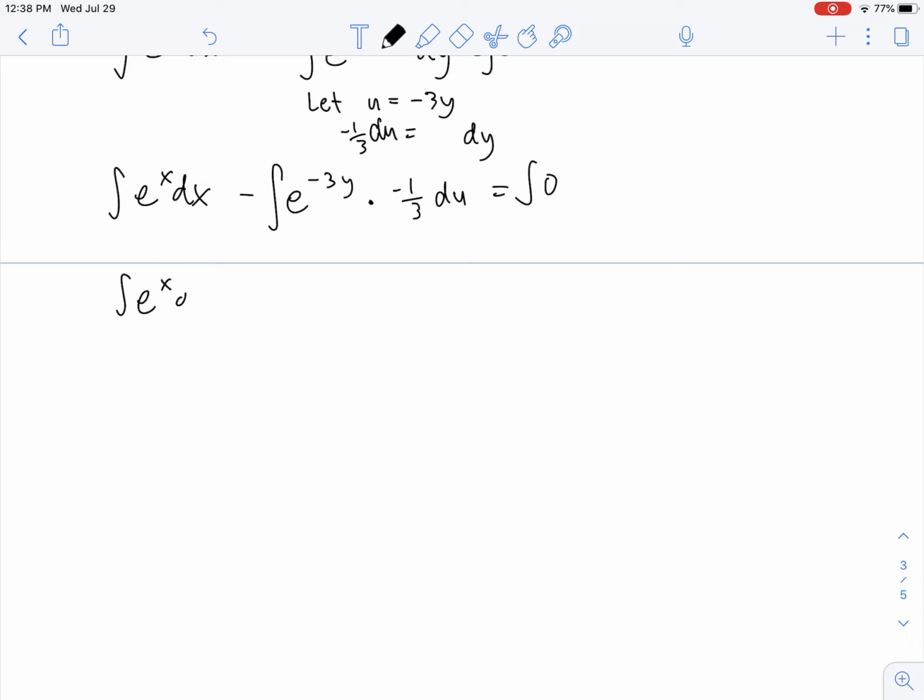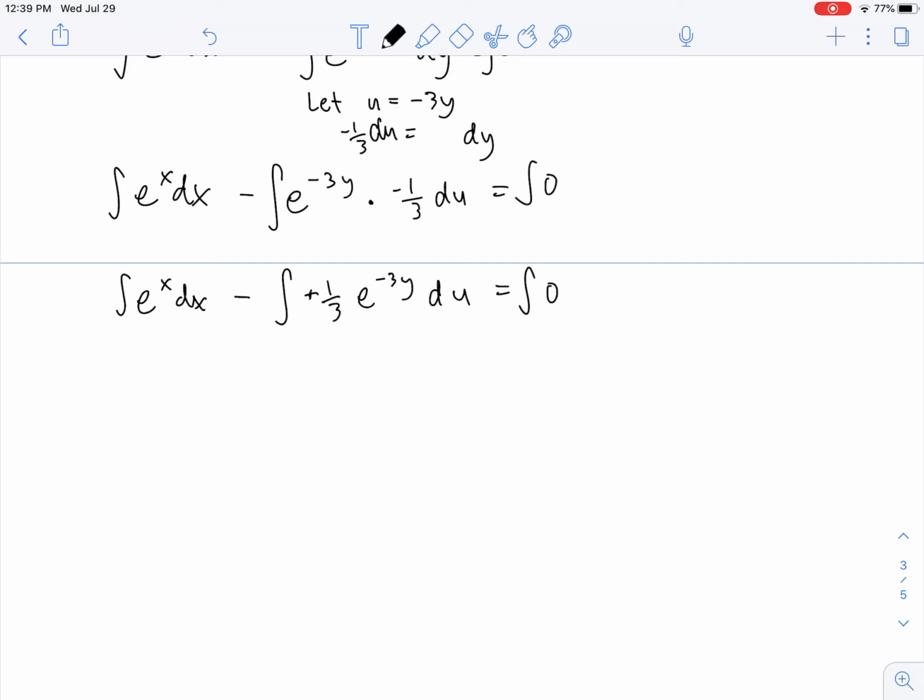E raised to x dx minus integral of e raised to negative 3y times negative 1/3 is just negative 1/3 e raised to negative 3y, and du is equals to the integral of 0.